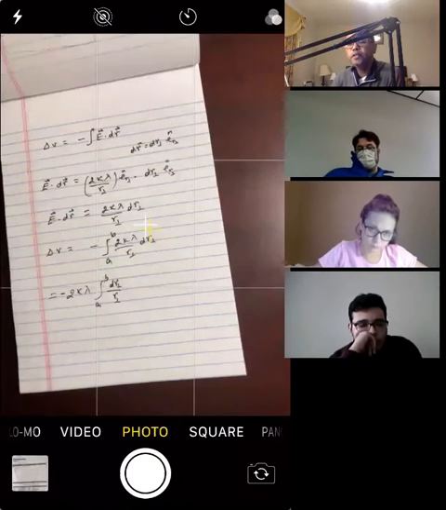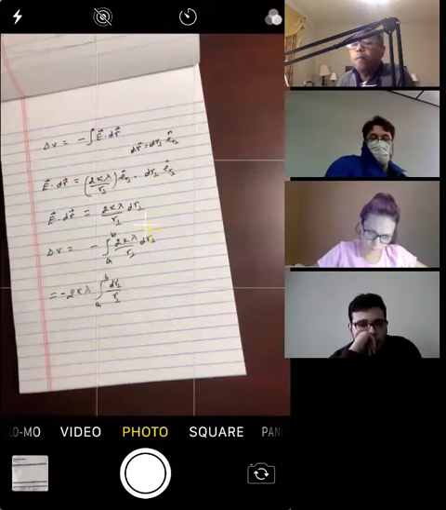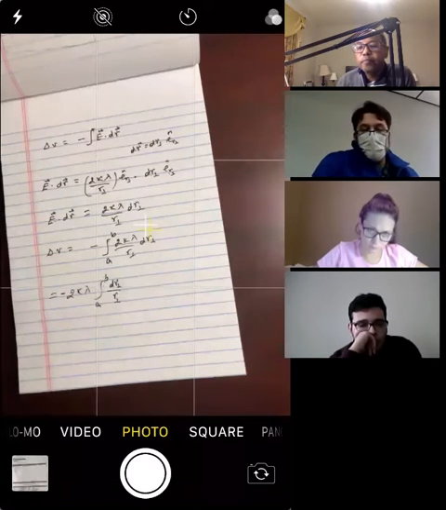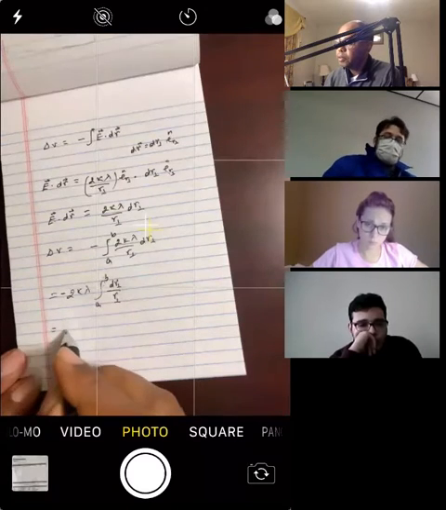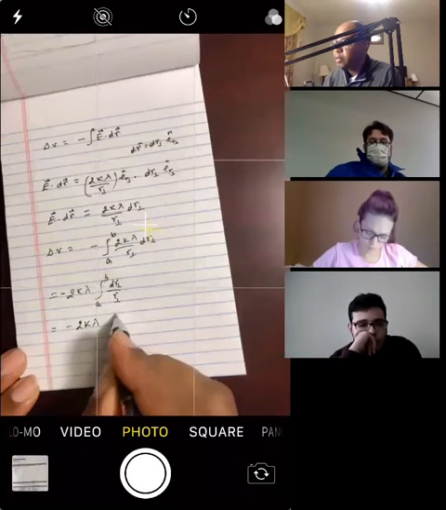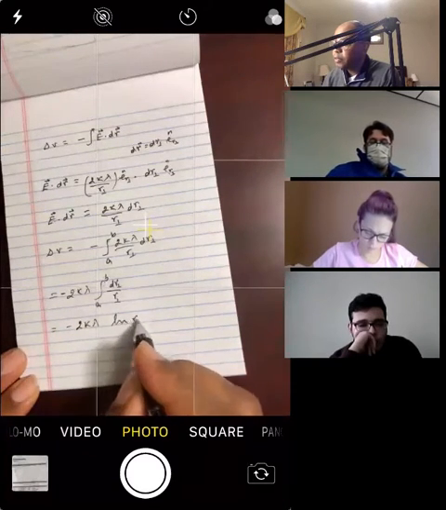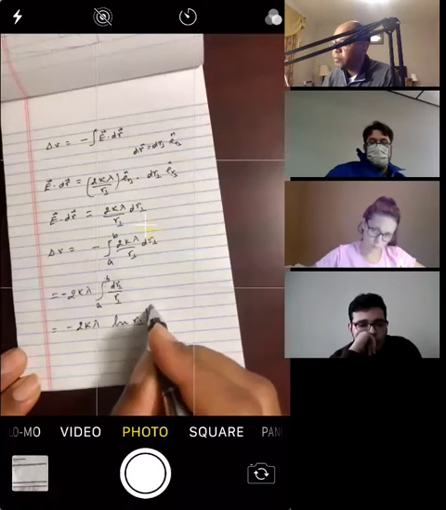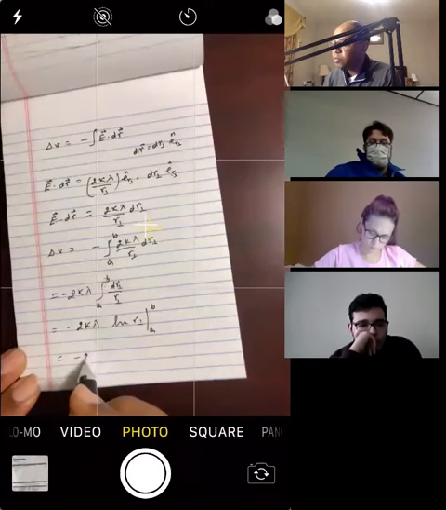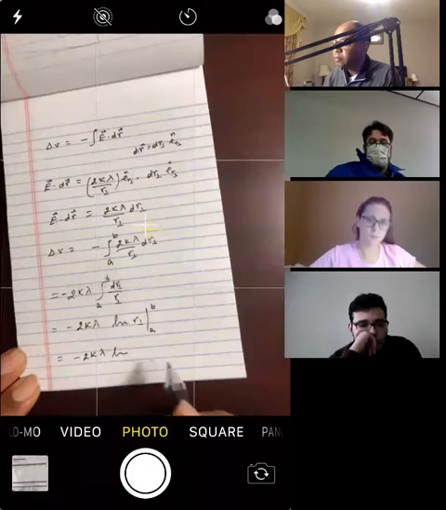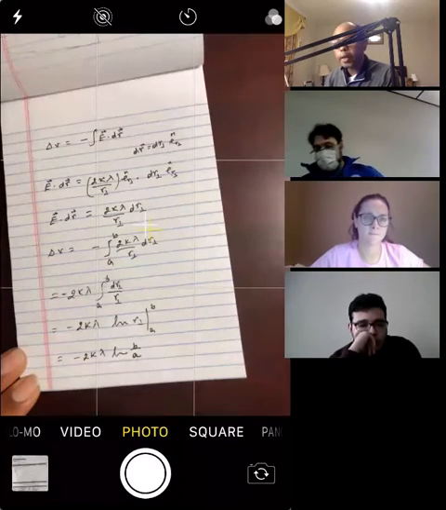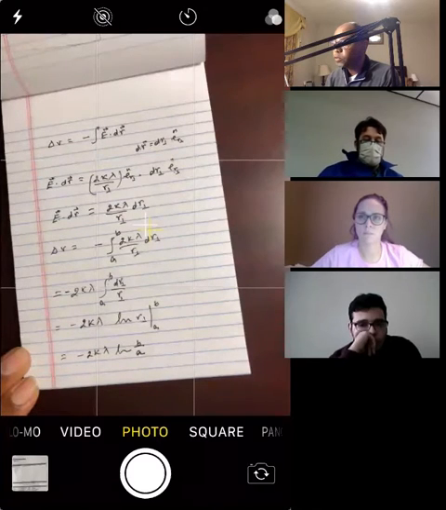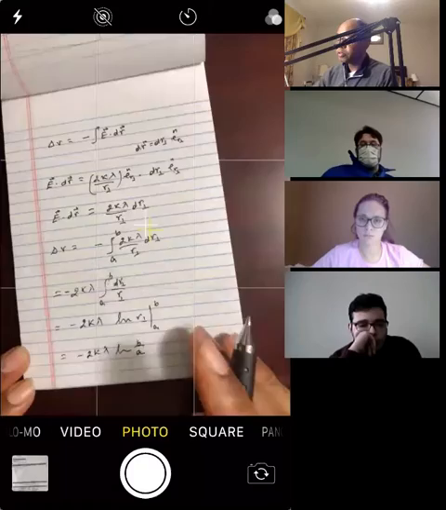What is the integral of 1 over r perpendicular? What's the integral of 1 over x? The natural log, ln x, yes. So this is going to be negative 2k lambda ln r perpendicular going from A to B. So that's negative 2k lambda times ln of B minus ln of A, which is ln of B over A. That is the potential difference, but we're not interested in the sign, so let me just put the absolute value.